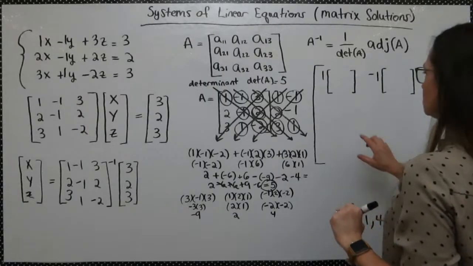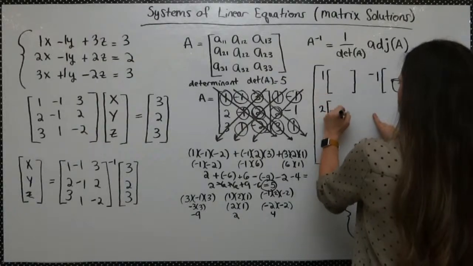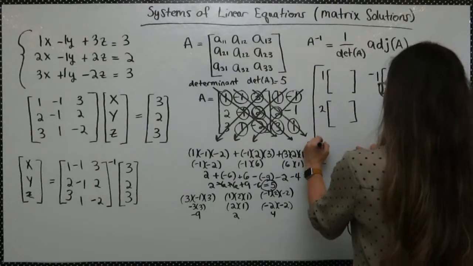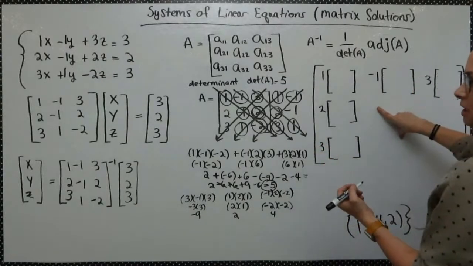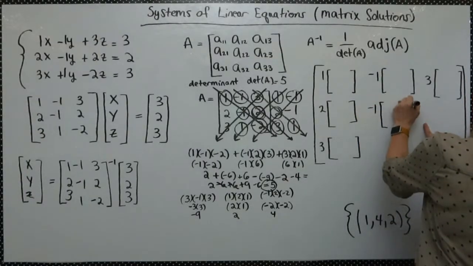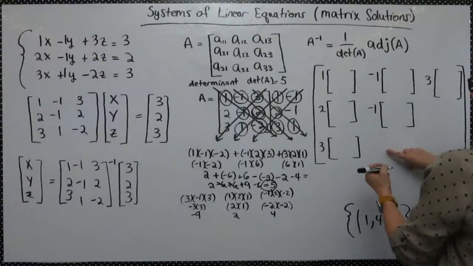And that looks decent. All right, so then this one is going to have 2 times this one. Let's see if we can fit our third row in here. 3 times this matrix. And then we have -1. And this one is +1.